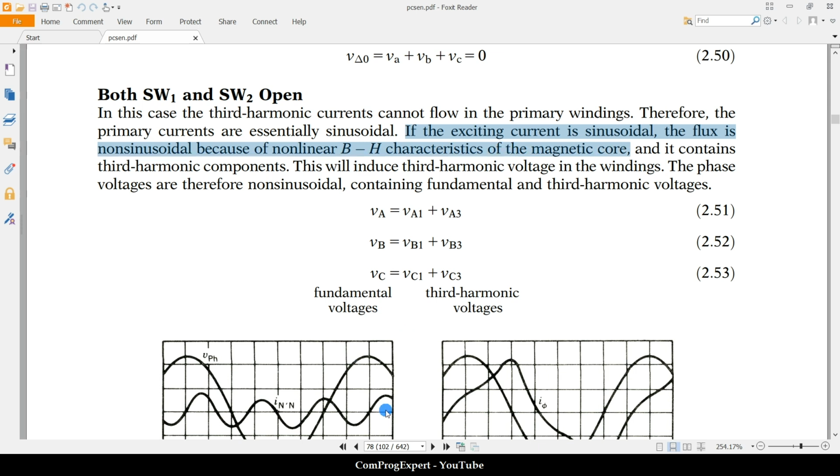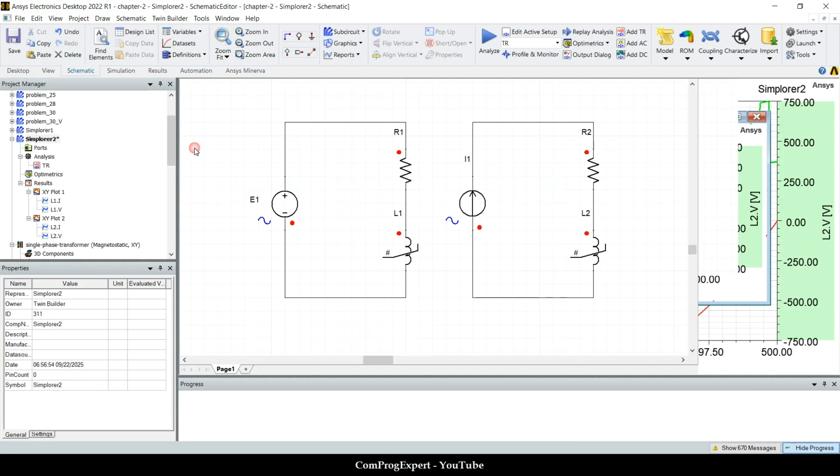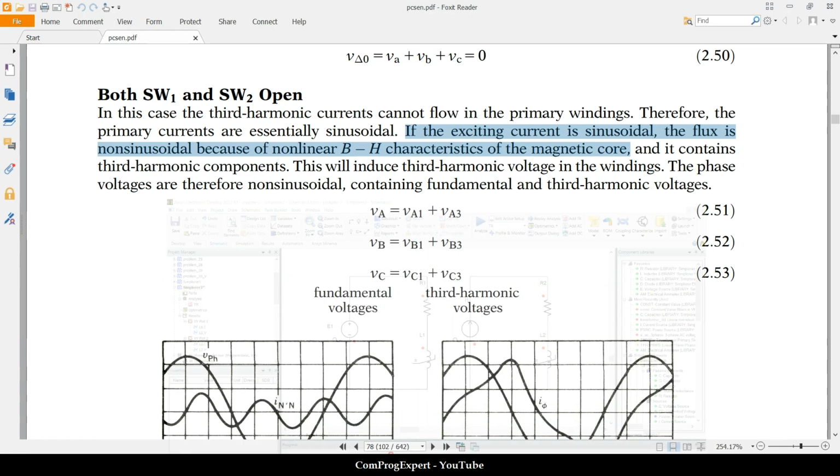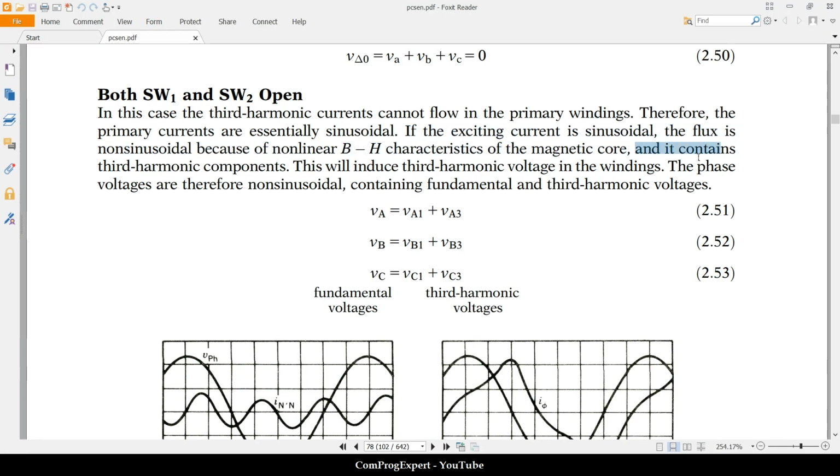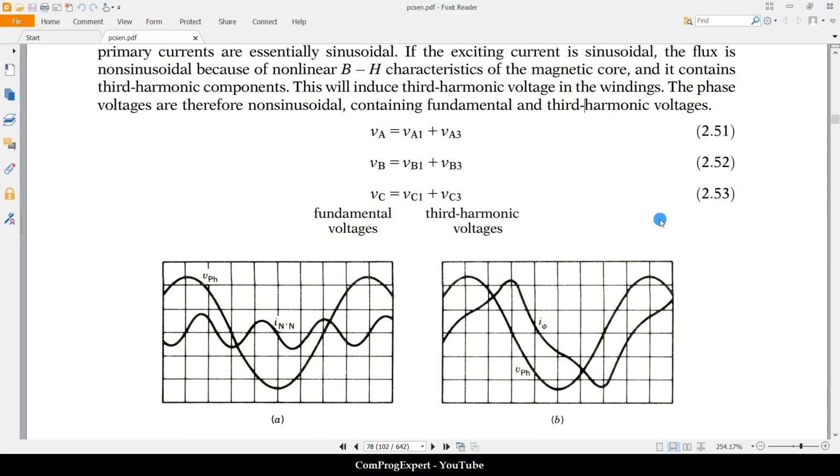We checked it for this simple example, okay? And it contains third harmonic components. This will induce third harmonic voltage in the winding. The phase voltages are therefore non-sinusoidal, containing fundamental and third harmonic voltage.